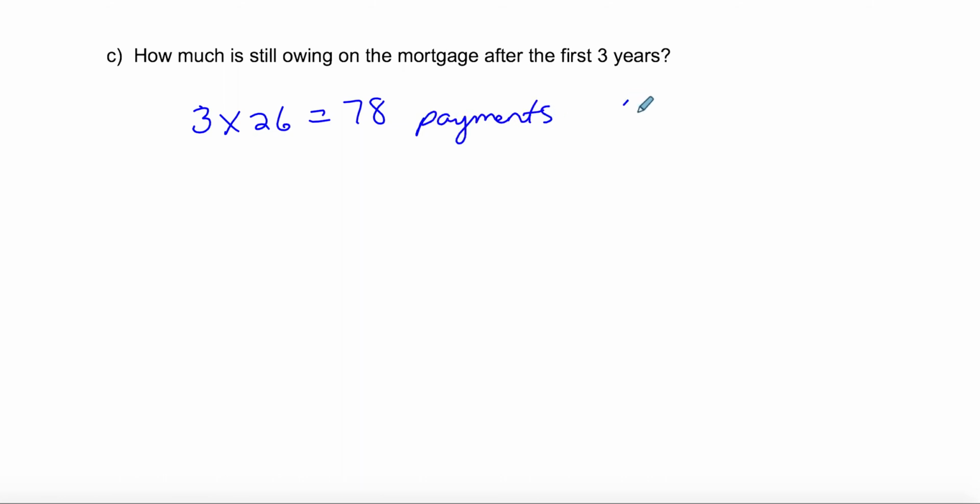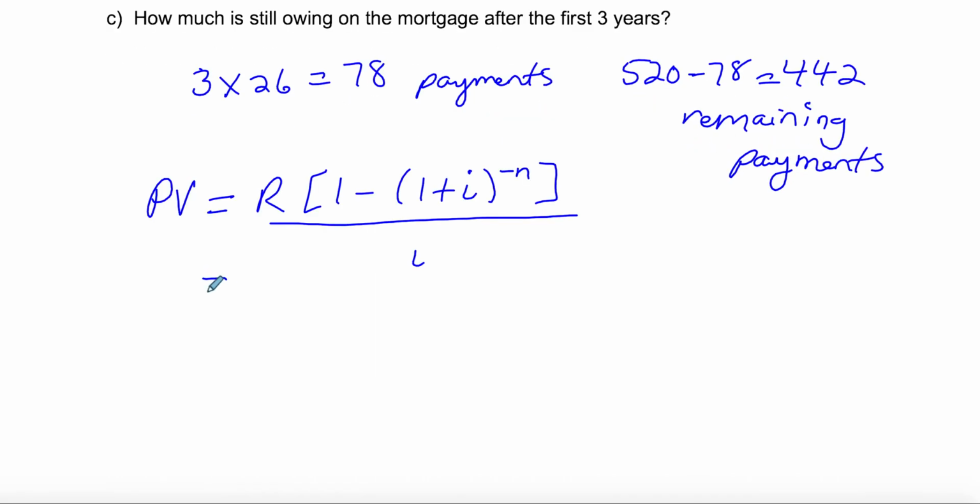There were 520 altogether. If I take away the 78, he has 442 remaining payments. We already know that his payments are $678.30 every 2 weeks.